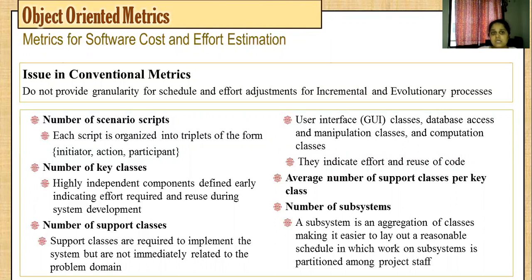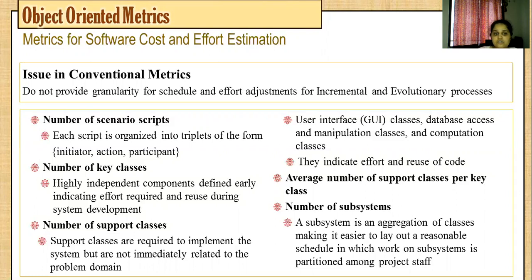You can obviously use these metrics if you are planning to develop through an object oriented approach, otherwise it will not work. Here it works on the basis of scenario. Now what is scenario? Scenario is nothing but it is formed into triplets. So scenario is your use case.